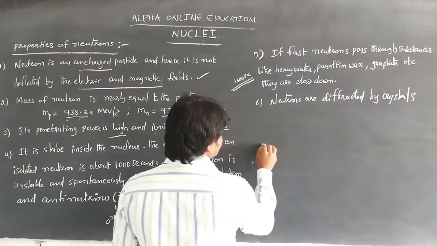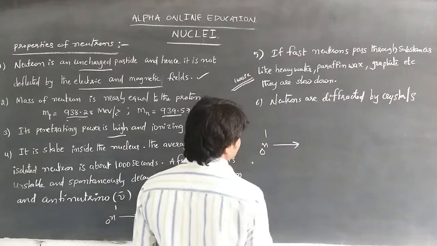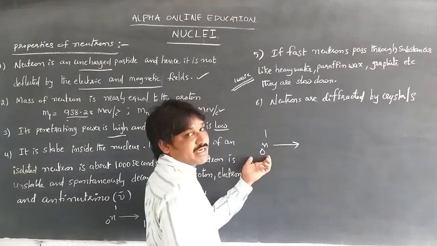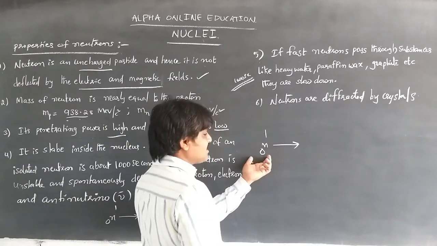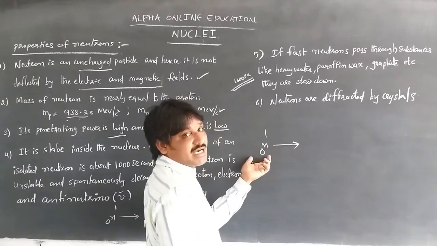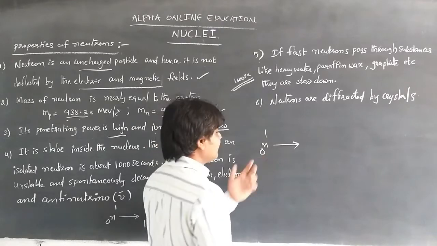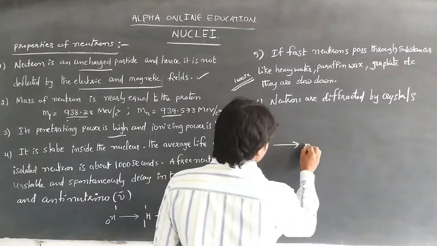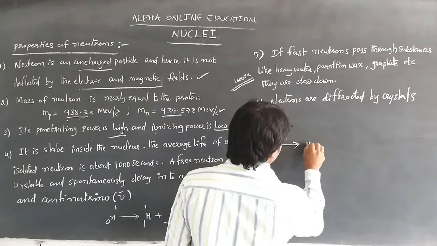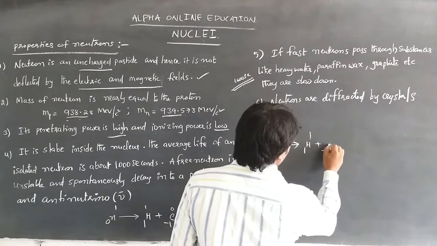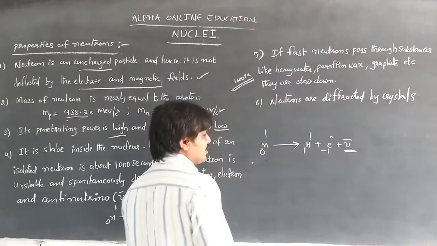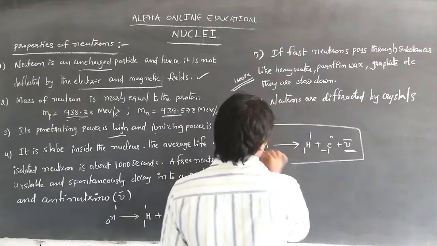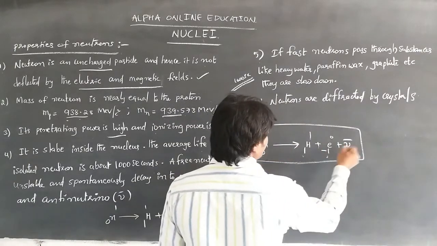The neutron in the nucleus is stable, while the free neutron is unstable. So if it spontaneously decays, then one proton, one electron and an anti-neutrino are formed.